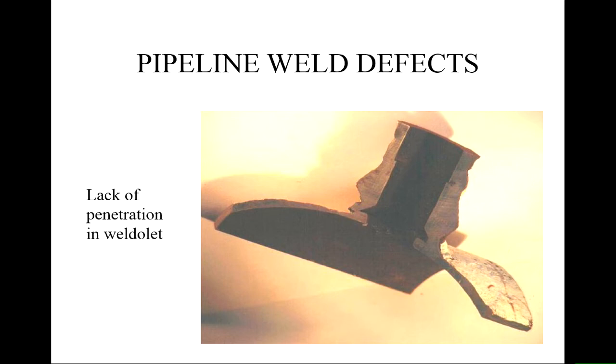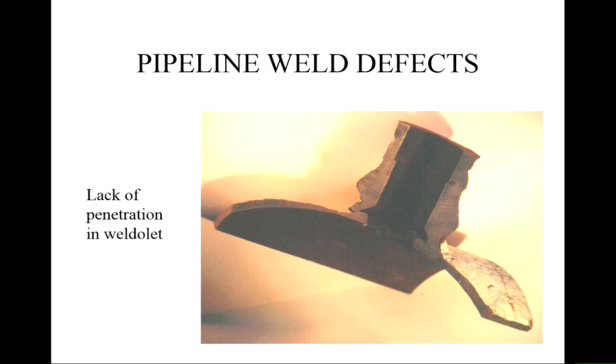Okay, and the last aspect: welding the weld outlets onto pipes is generally difficult, and the material from the weld outlets might not match exactly the chemical composition of the pipe. So because of the geometry, in most cases the weld defects that are found in weld outlet weldings are lack of penetration.